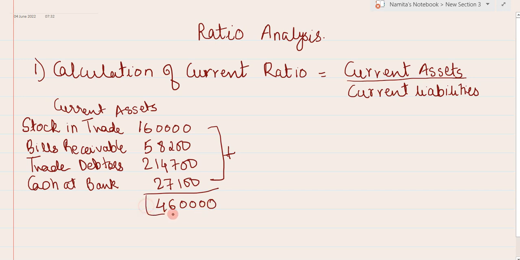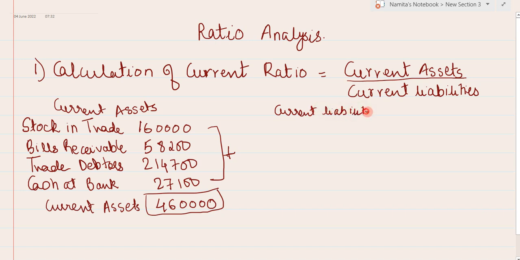So this is our current assets. The total of current assets is 4,60,000. Now next we have to find current liabilities.